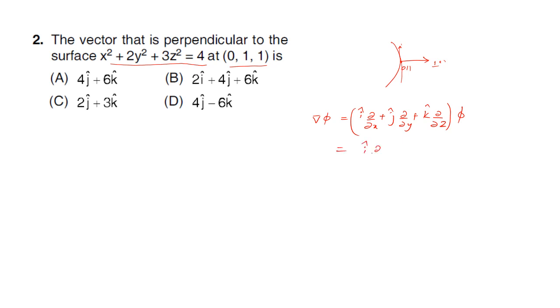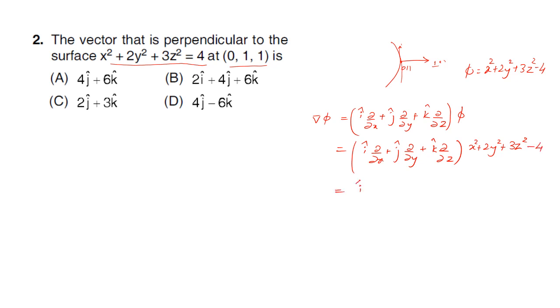Here phi is x square plus 2y square plus 3z square minus 4.